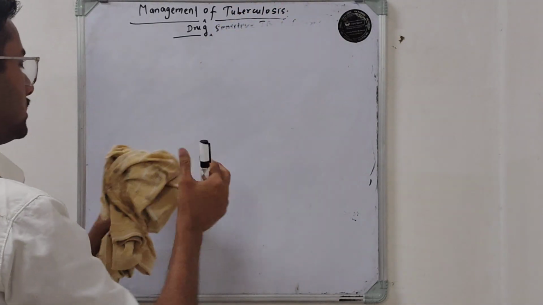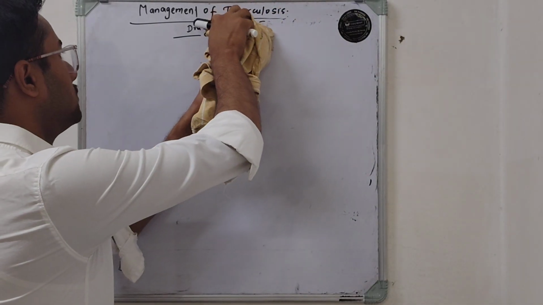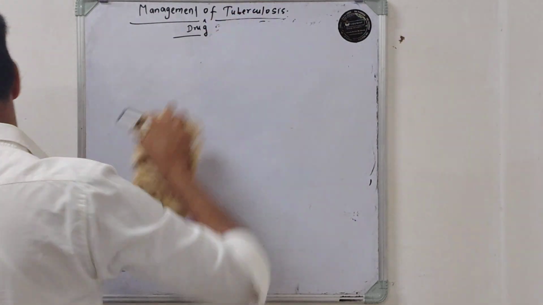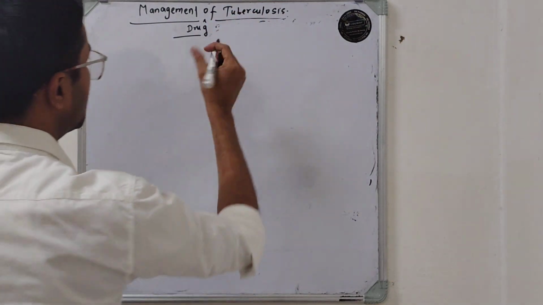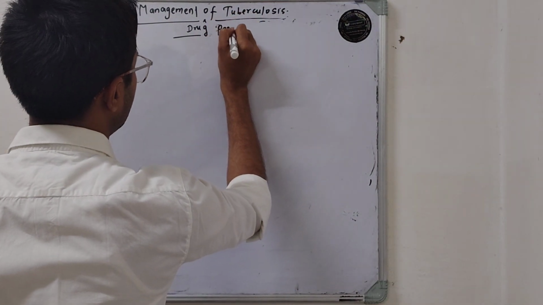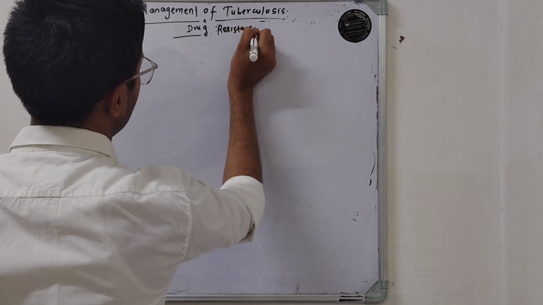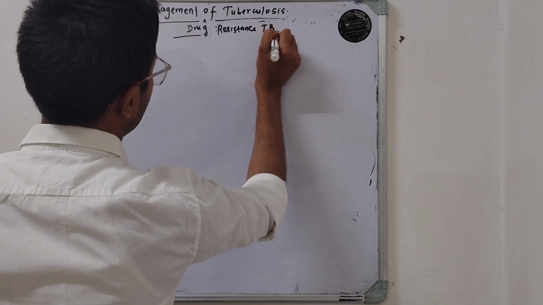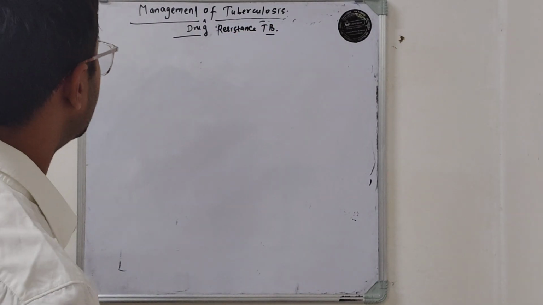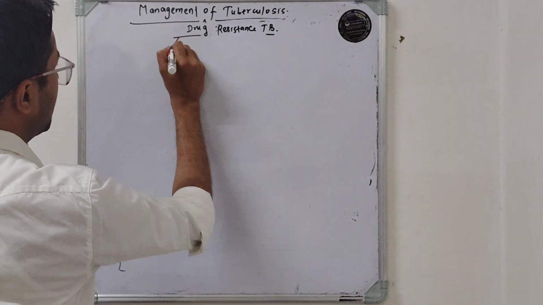So after discussing drug sensitive TB, now we go for drug resistance TB. In drug resistance TB, we classify it into three categories.